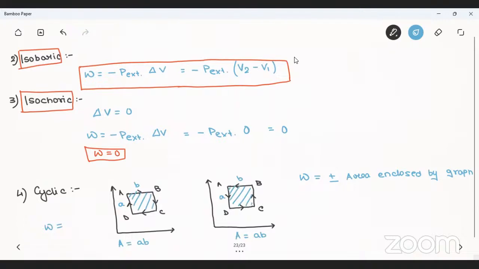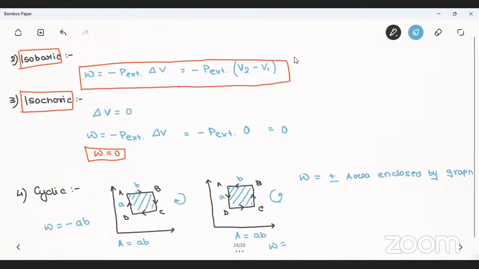Now, work done for this process. If this is a cyclic process and the arrows are in the cyclic direction, like this, you will put a negative sign. But if the arrows are in the anti-cyclic direction, like this, cyclic is this, anti-cyclic is this.